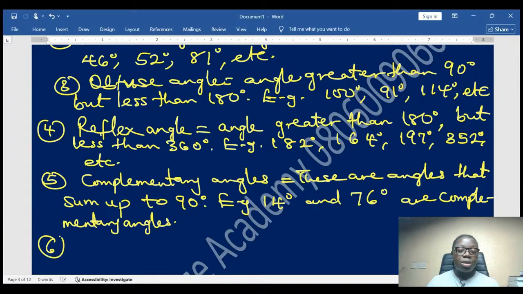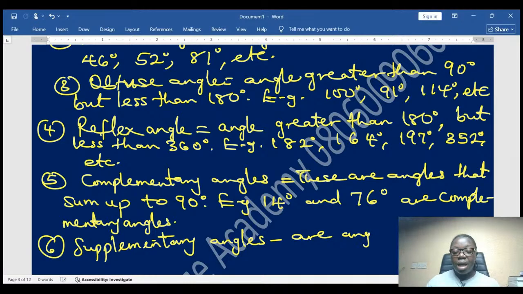Now, moving on to number 6, we have supplementary angles. They are angles that sum up to 180 degrees.